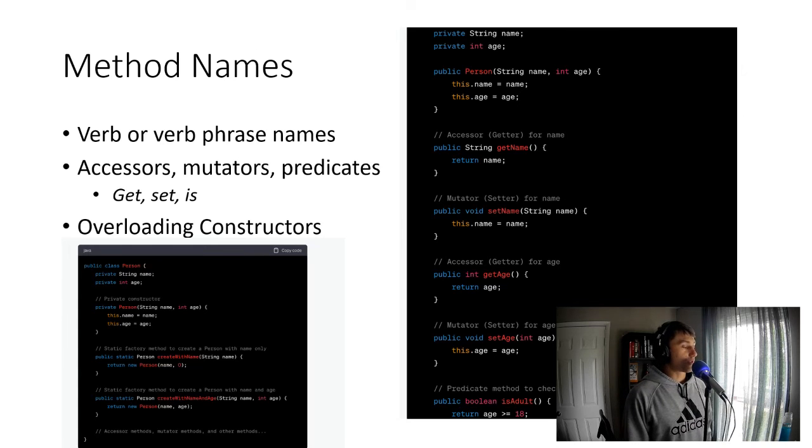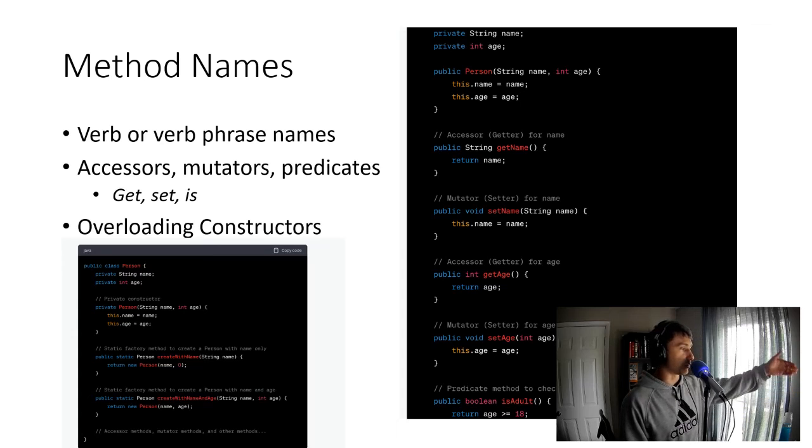And then something else that Tim talks about is this concept of overloading constructors. Constructors are basically how you can create a new object of that class. But you can have constructors that take in different fields from your class to create different objects.